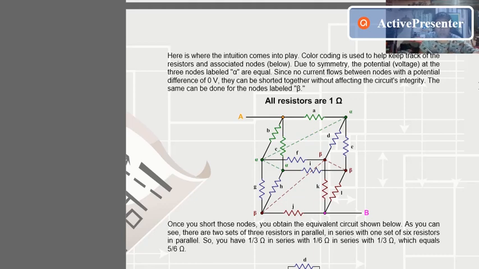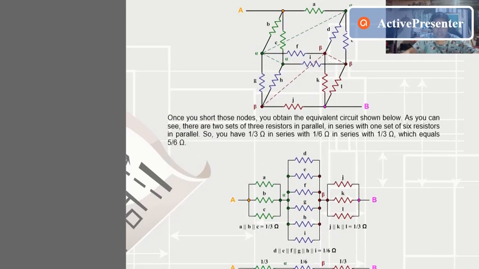So once you short those nodes, you obtain the equivalent circuit shown below. So kaning dire sa taas nato sa tuang cube, so kaning ABC, we have kaning tulo parallel ni siya, where parallel answer is A is parallel to B and C. So our answer will be, if resistor na to is 1 ohm, is 1/3 ohms.